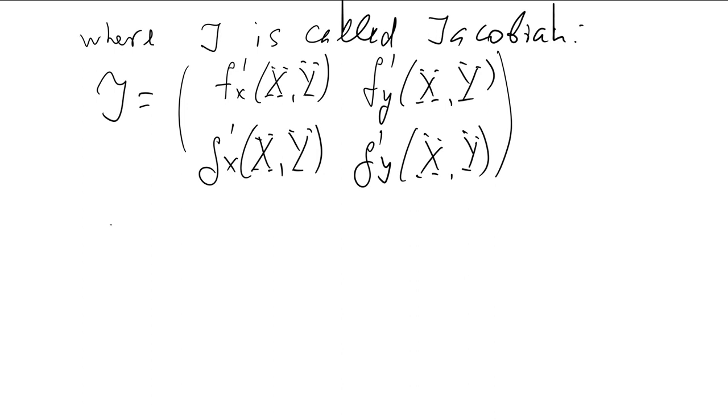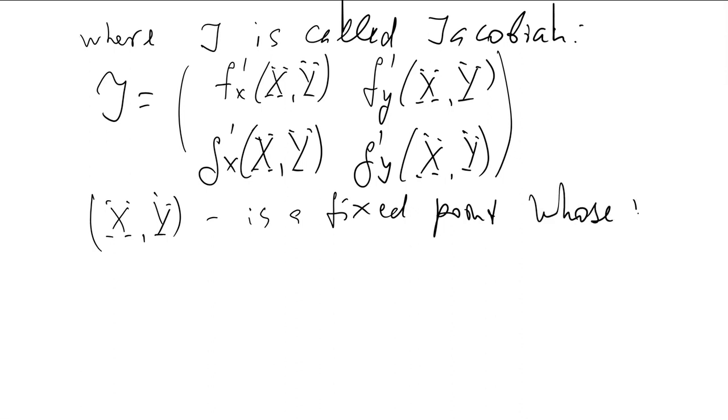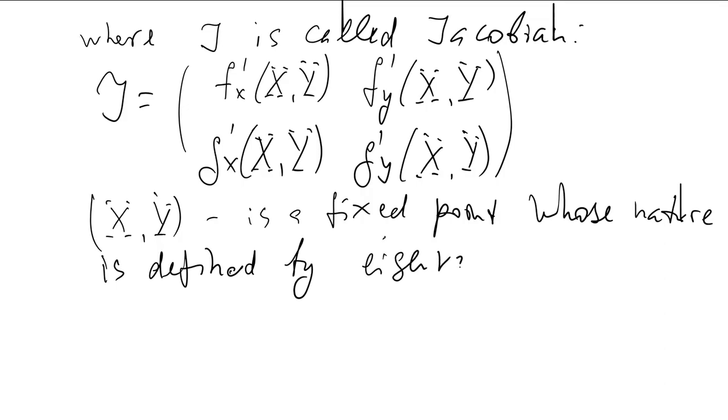And now x capital, y capital is a fixed point whose nature is defined by the eigenvalues of matrix J. So it is a fixed point whose nature is defined by the eigenvalues of the Jacobian J. And everything will be the same as before.